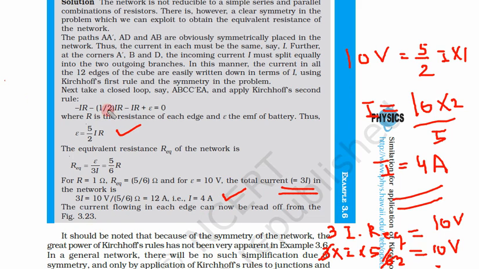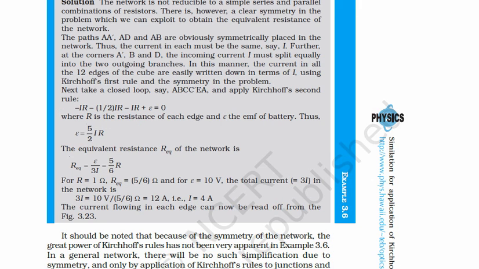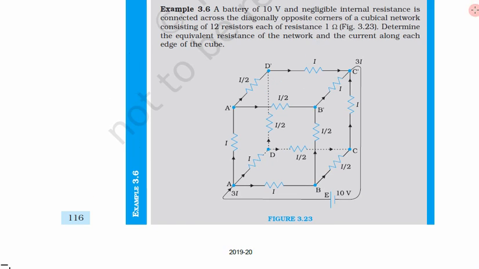Now I is equal to 4 ampere, but that does not tell us the current flowing in each element. So let us see the current flowing in each element. The current 3I in the circuit is 12 ampere because it is 3 times. Here 4 ampere, 4 ampere, 4 ampere.